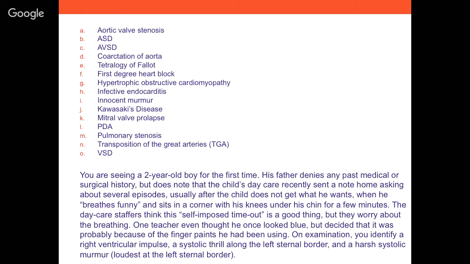The daycare staffers think that this self-imposed timeout is a good thing, but they worry about the breathing. One teacher even thought he once looked blue, but decided it was probably because of the finger paints he'd been using. On exam, you identify a right ventricular impulse, a systolic thrill along the left sternal border, and a harsh systolic murmur, loudest at the left sternal border.